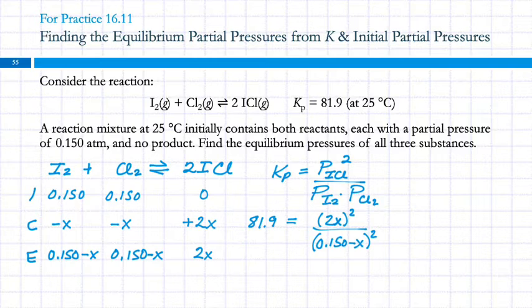So I'm going to put 81.9 on the left side, my equal sign, and the quantity 2x squared divided by the quantity 0.15 minus x squared.